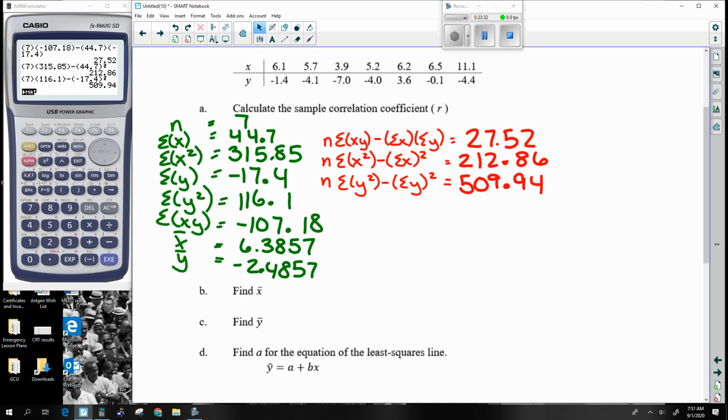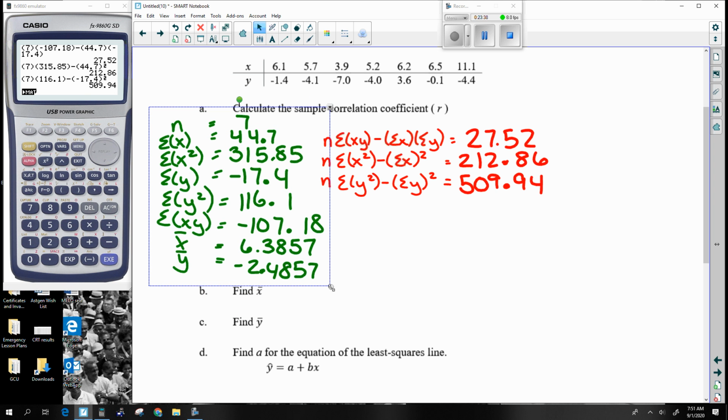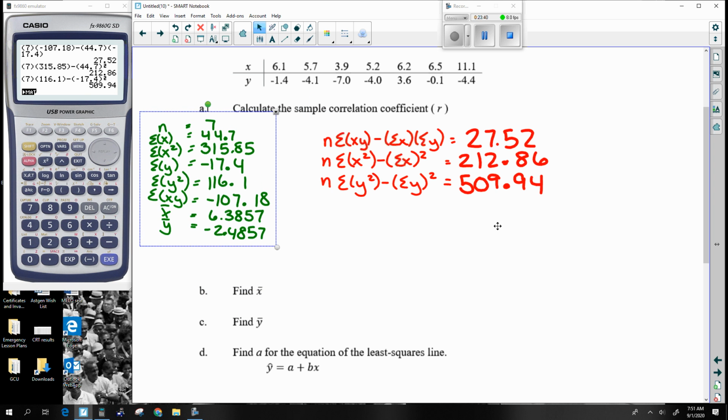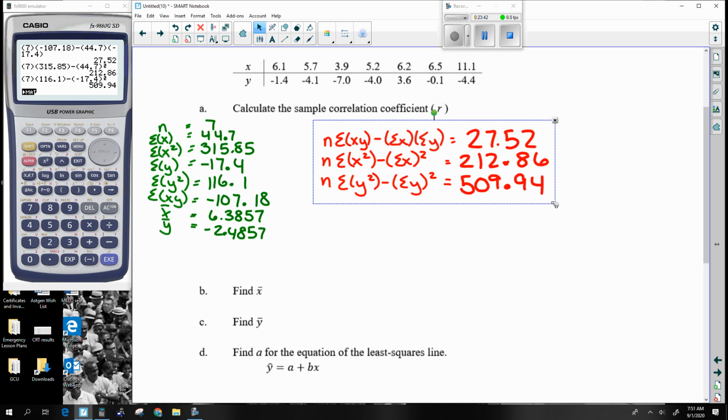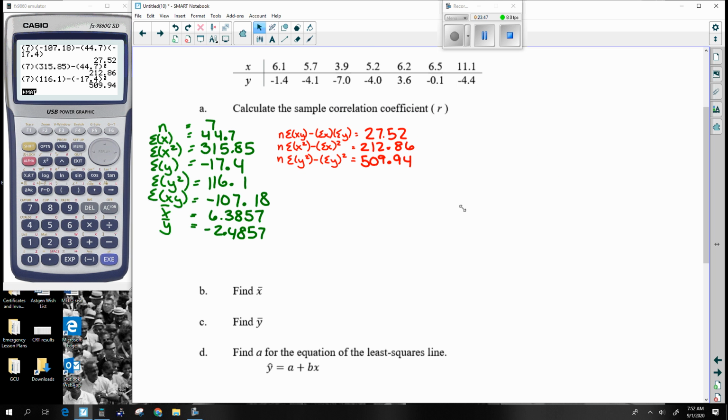Okay. So we have the Christmas tree, which I'm going to minimize a little bit more here, and the mini formulas. Now I have all the pieces to make my big formula work.